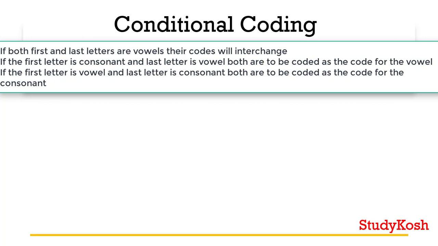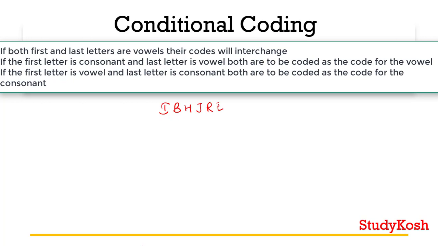If the first letter is a consonant and the last letter is a vowel, both are to be coded as the code for the vowel. If the first letter is a vowel and the last letter is a consonant, both are to be coded as the code for the consonant. So we need to find out the code of I, B, H, J, R, E.